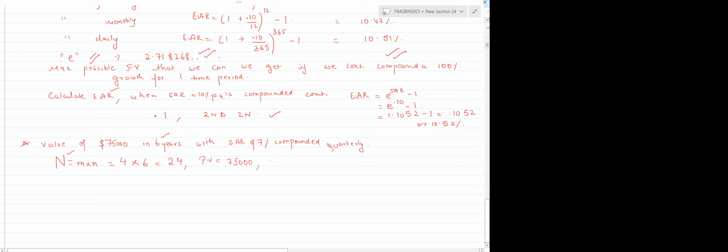My I/Y would be SAR by M, which is 7% by 4. One thing to note: when you enter I/Y in your calculator, don't enter in decimal places. You won't enter 0.0175, you enter 1.75. PMT equals 0, CPT FV.